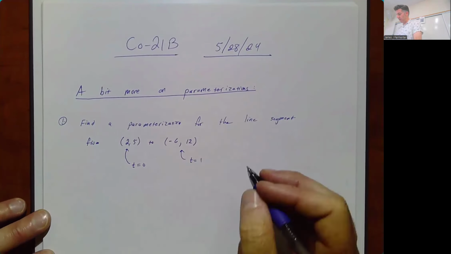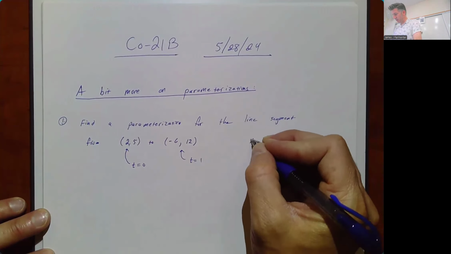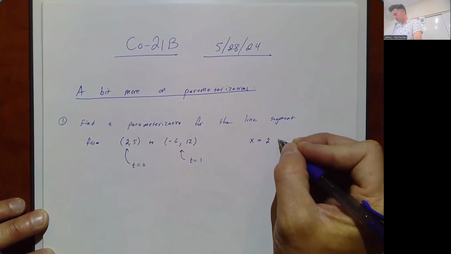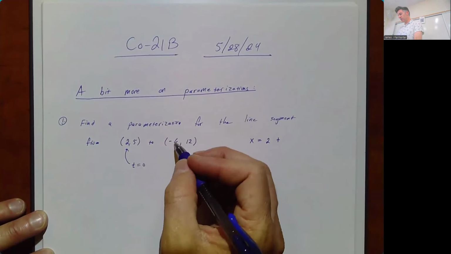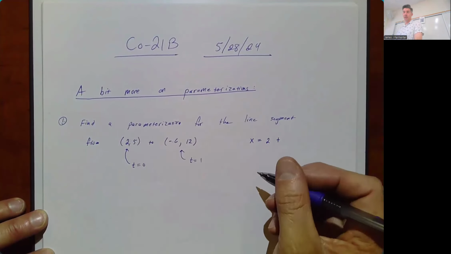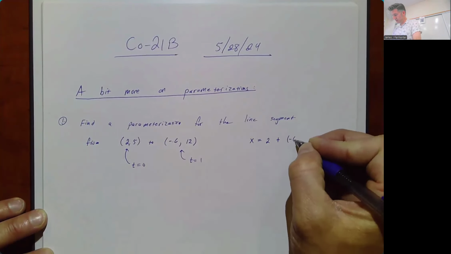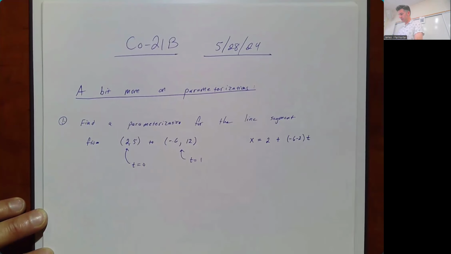So the parameterization for x is my starting point plus the difference between my end and my start times t. In this case, -6 minus 2 times t, which we could simplify, and we will in a second.